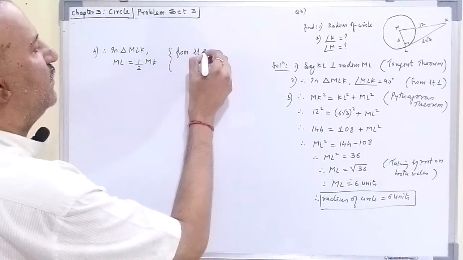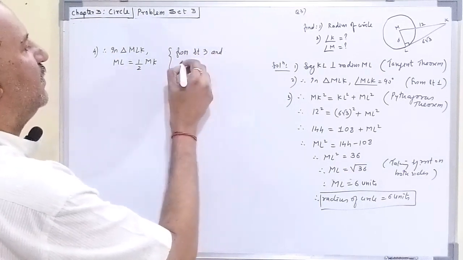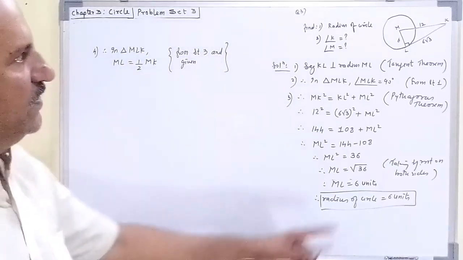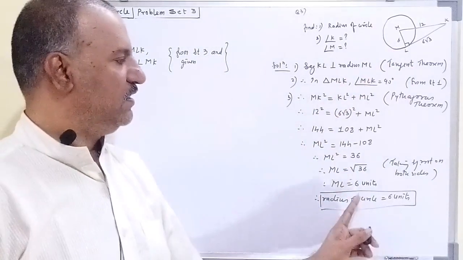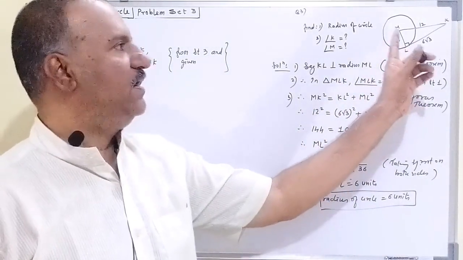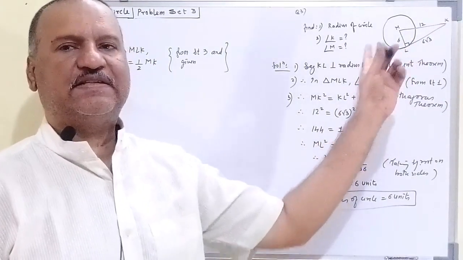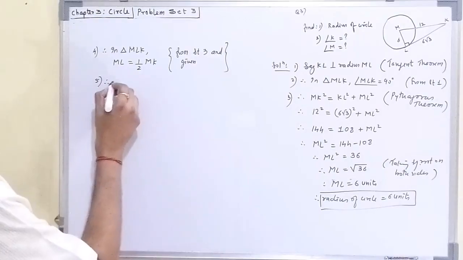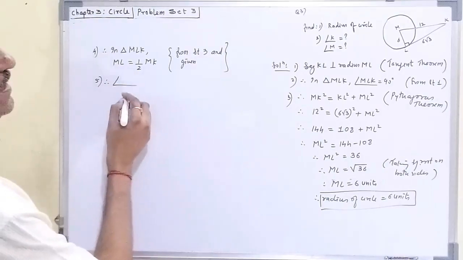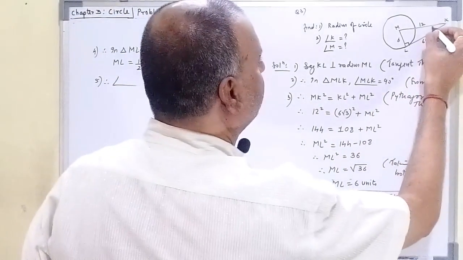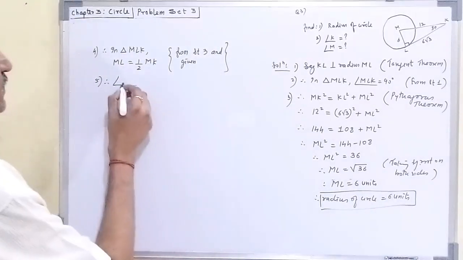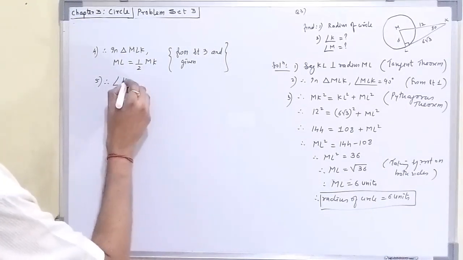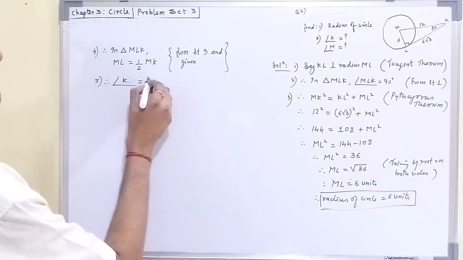From statement number 3 and given, we found ML is equal to 6, MK is already 12, so 6 is half of 12, so I have written it. Therefore, this angle will be 30 degrees. Therefore, angle K equal to 30 degrees.